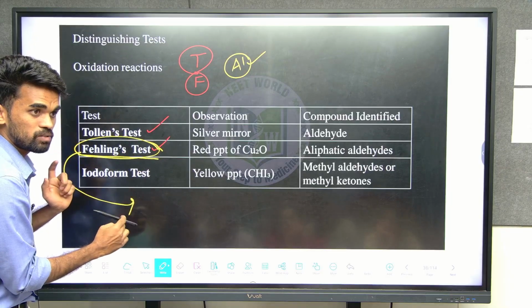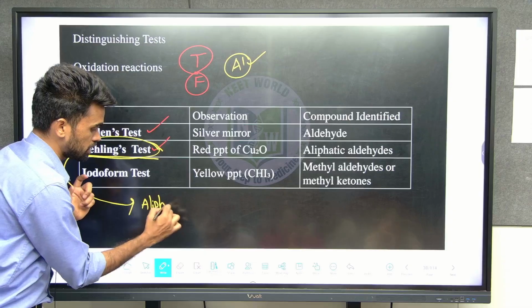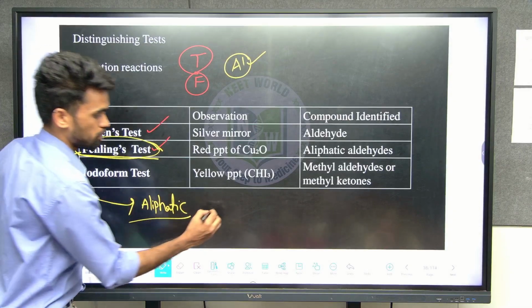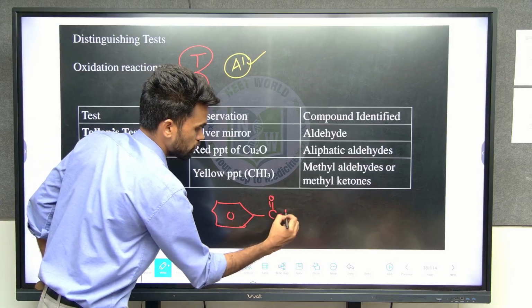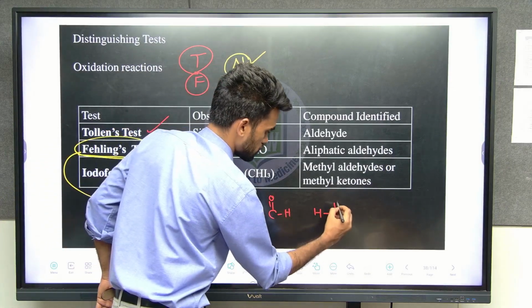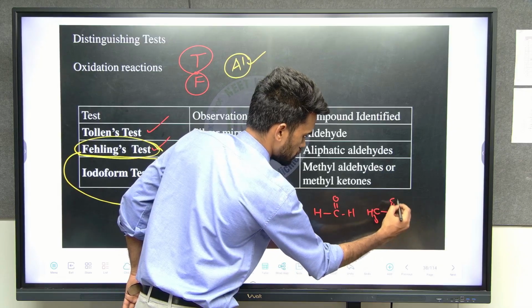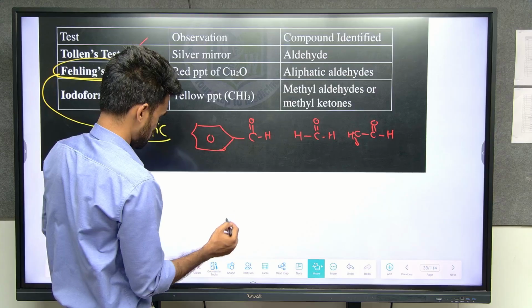Now particularly when I talk about Fehling's test, it is given by aliphatic aldehydes only. It gives the test for what? Aliphatic aldehydes. Okay, for example, I have some compounds. I am writing 4 compounds.